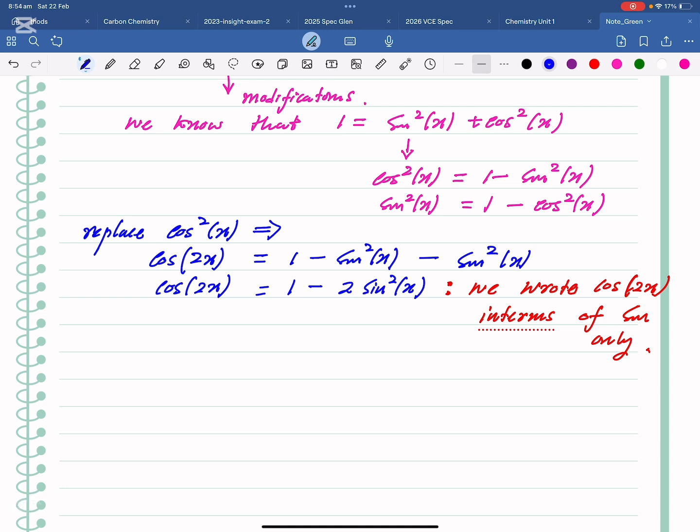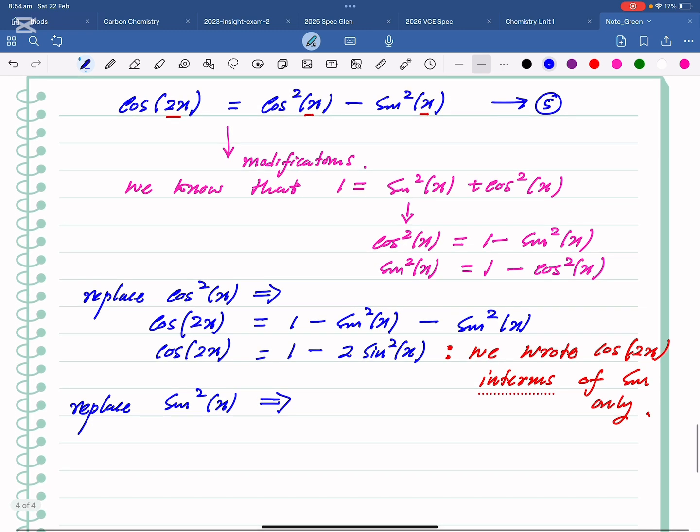Now we do the same thing: replace sine squared. So cos 2x is equal to, we leave cos squared x, then sine squared is going to be replaced. So I'm going to put minus here, bracket, sine squared is 1 minus cos squared x. So carefully do that.